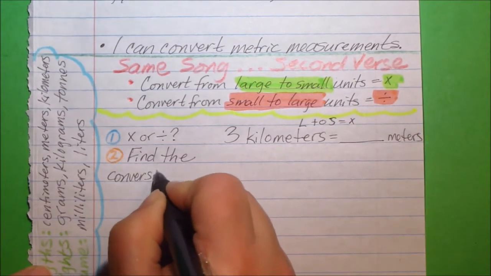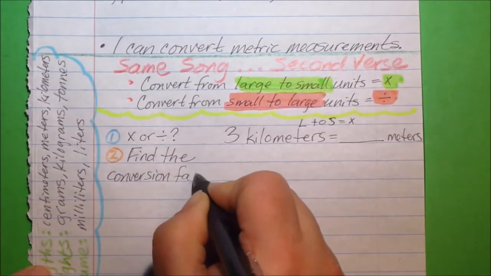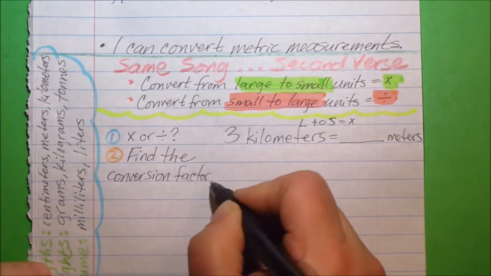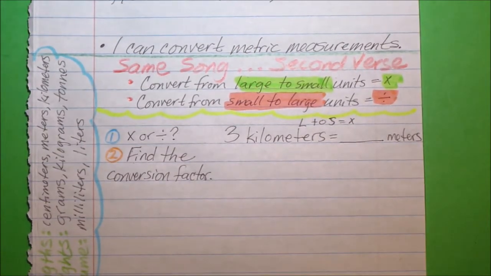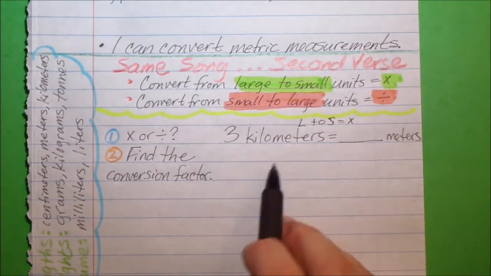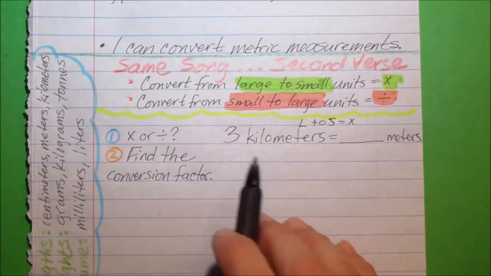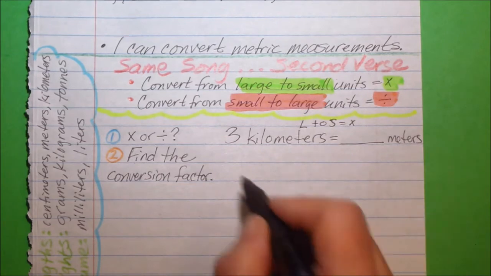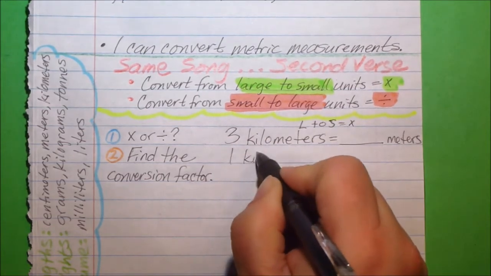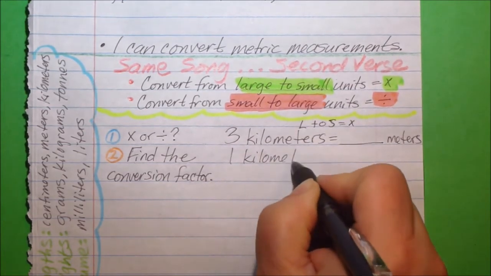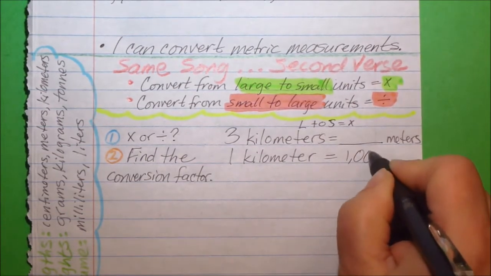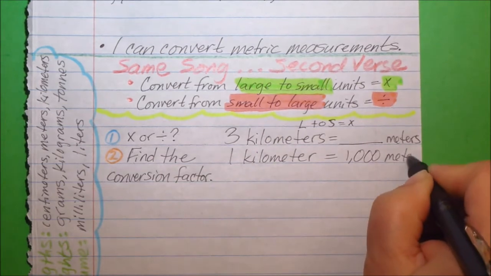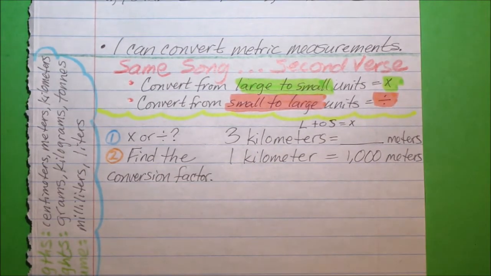That means breaking it down to 1 unit equals something, like we were doing in 1.3. So in this case, we're asking 3 kilometers equals how many meters? Well, 1 kilometer equals 1,000 meters.